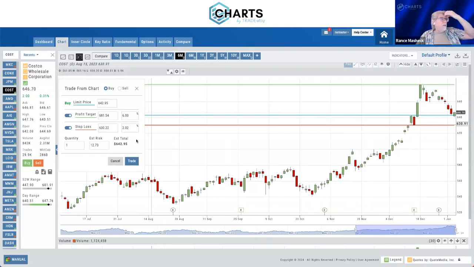One of the things we talk about a lot at TRADEway is setting yourself up for a 2-to-1 reward to risk ratio. So if my profit target gives me a 6% gain potential, I want to make sure I have no more than a 3% loss potential. In this case, I have 2.